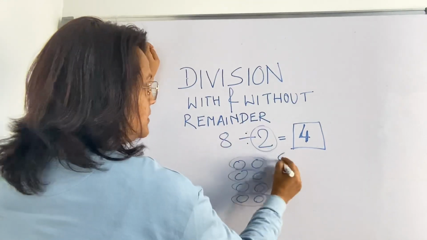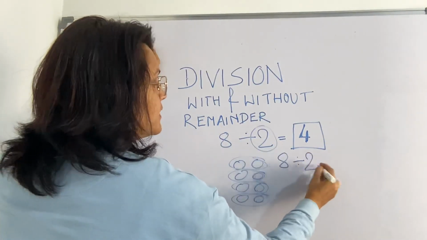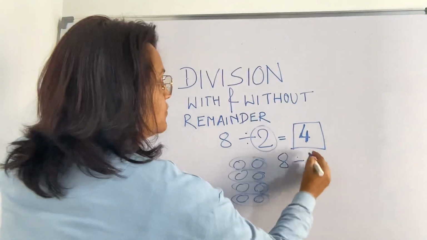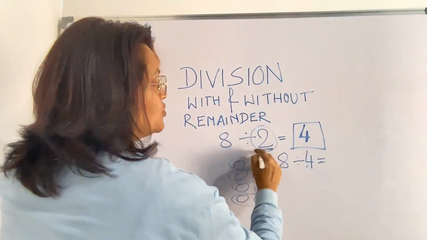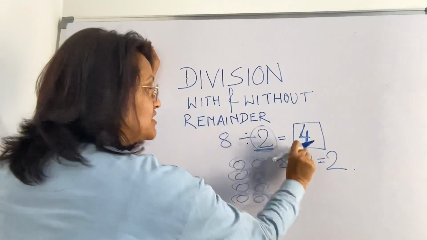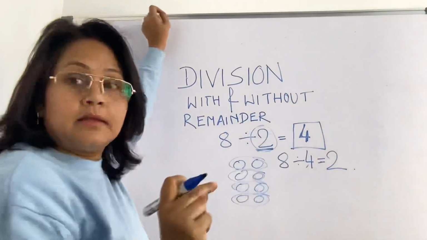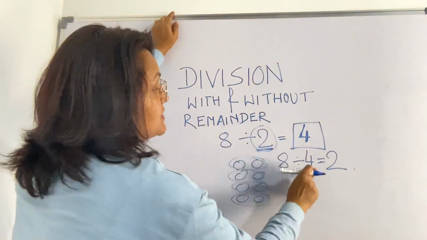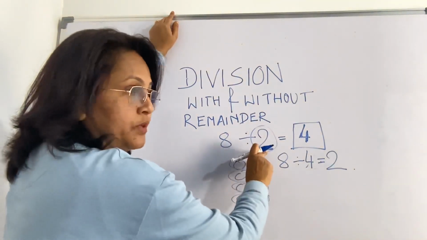Now this number, if it is divided this time by the quotient 4, it should give the number as 2. So if we are interchanging the position of the divisor and the quotient, the number remains among that only, the other group.